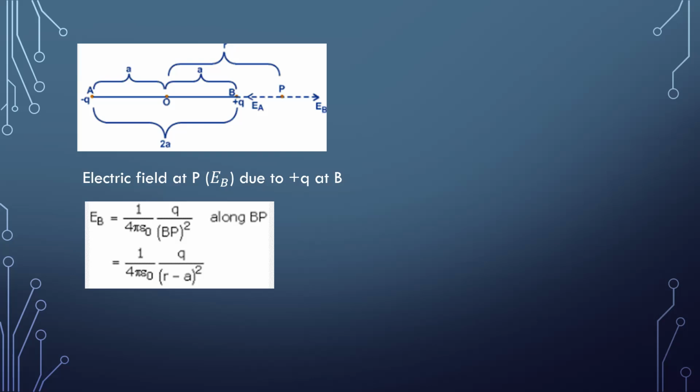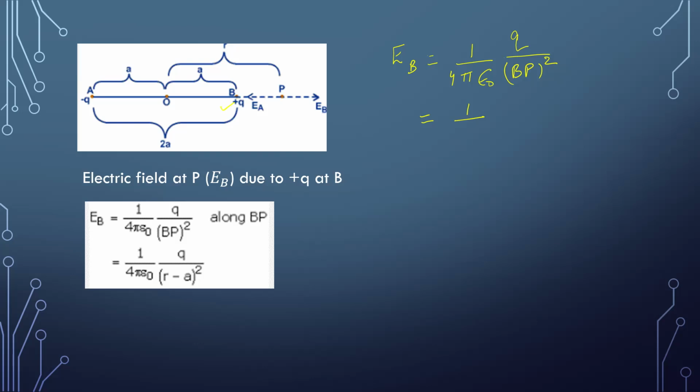Similarly, now we will write down the field intensity at the point P due to this plus Q charge at B. Again we denote it by EB, and we write it down as 1 upon 4 pi epsilon naught Q upon BP squared. We are writing down the magnitude. And what is BP?